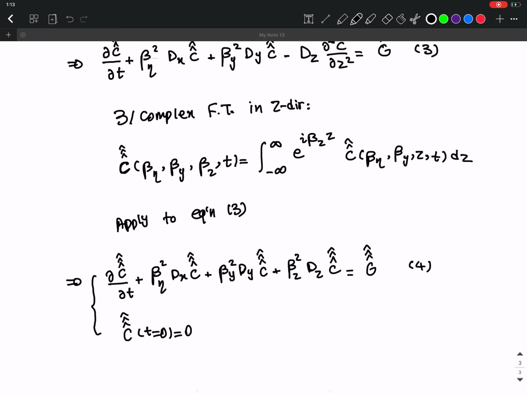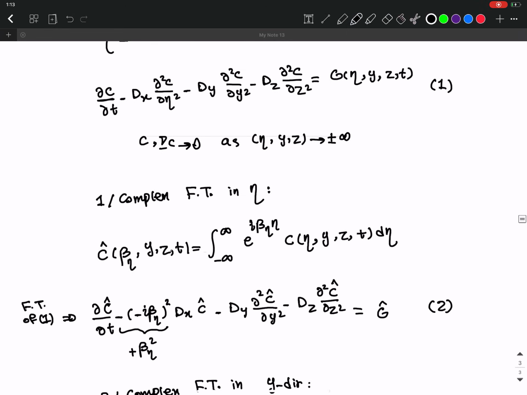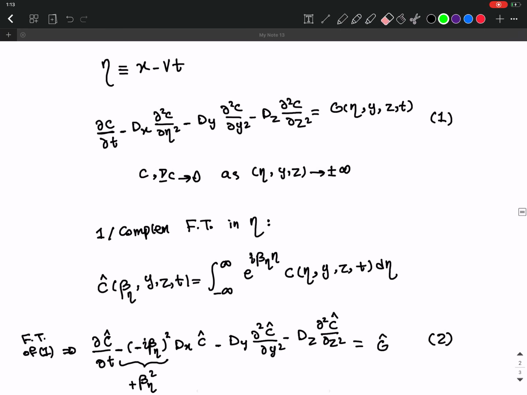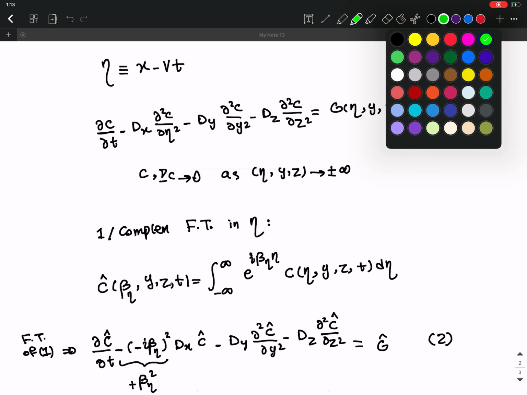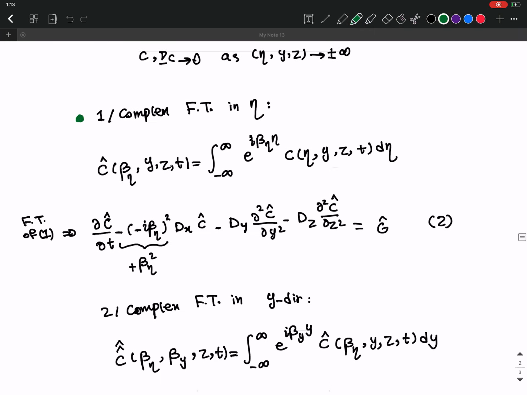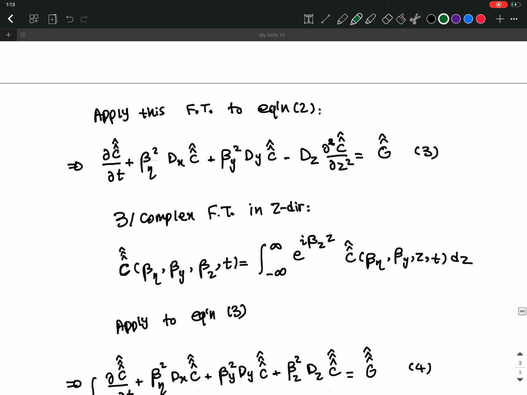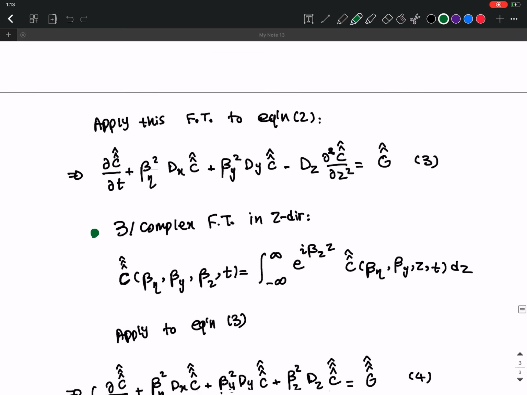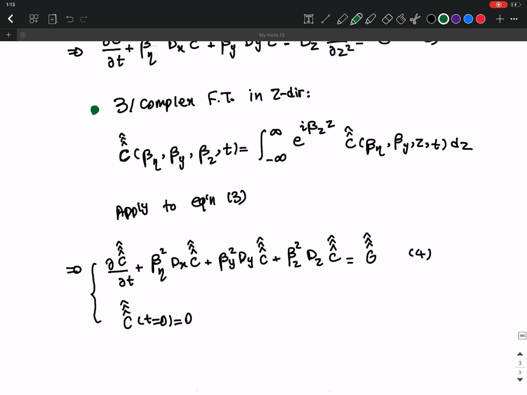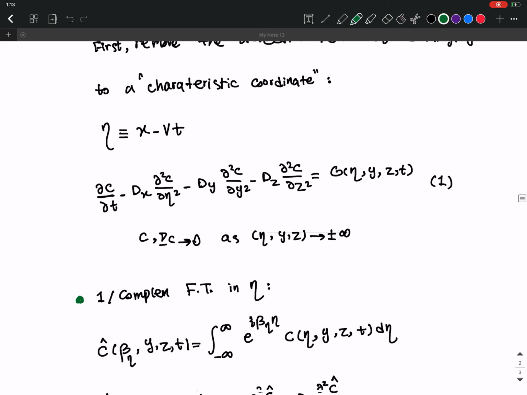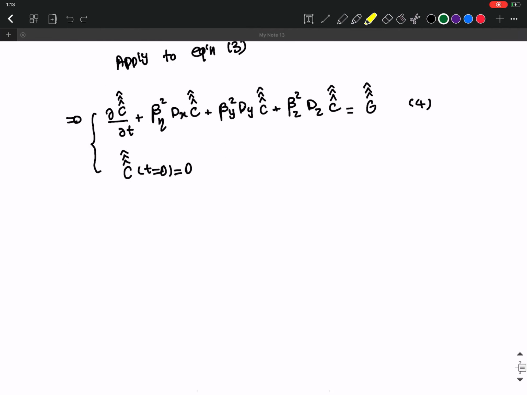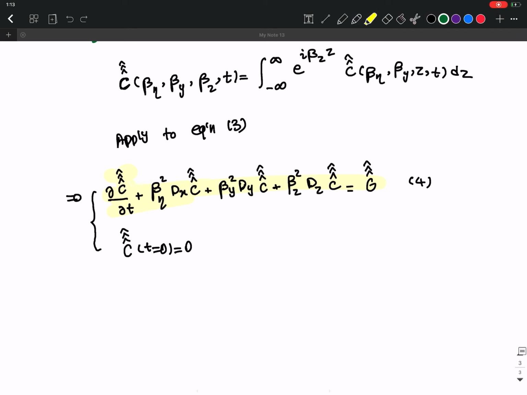As you see, with these three complex Fourier transforms that we did, this one in eta, this one in the y direction, and this one in the z direction, we were able to convert this partial differential equation, which is kind of hard to solve, into an ordinary differential equation in the beta space, with different betas.